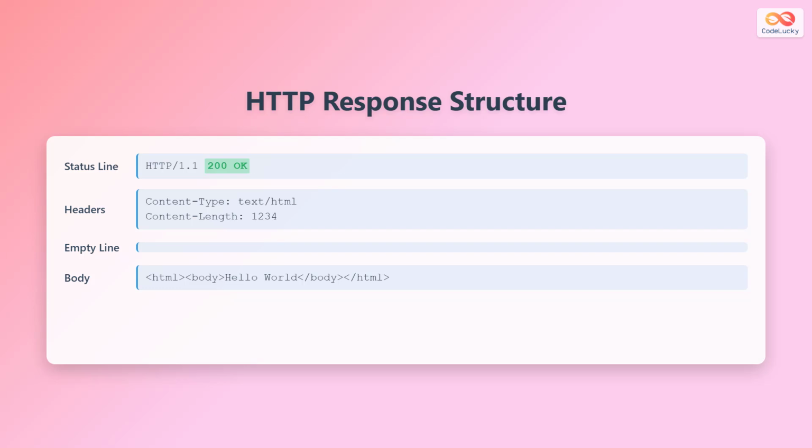Then there is an empty line separating headers from the body. Finally, the body contains the actual data being returned. This might be an HTML page, a JSON object with user data, or an image file. The response structure mirrors the request structure, making the protocol consistent and predictable.